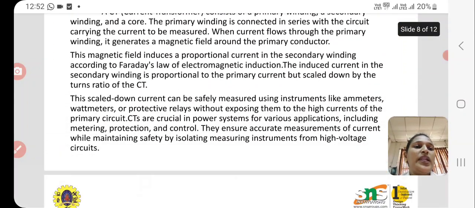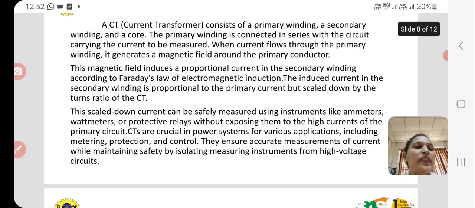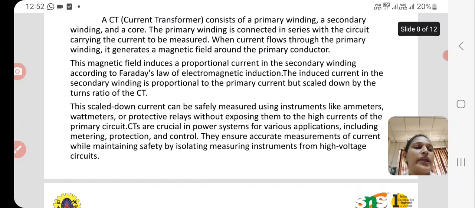The primary winding is connected in series with the circuit carrying the current to be measured. When the current flows through the primary winding, it generates a magnetic field around the primary conductor. This magnetic field induces a proportional current in the secondary winding according to Faraday's law of electromagnetic induction.